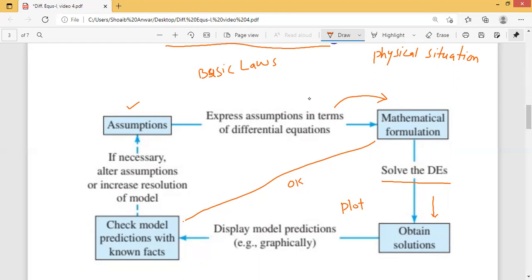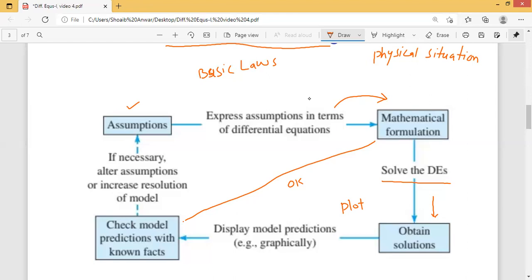If our plotted solutions don't match the known facts up to a certain extent or the required tolerance, then again we repeat that procedure. We keep going in that cycle until we obtain the required mathematical model whose solution matches the given data, known facts, experimental data, or the industrial outcomes.